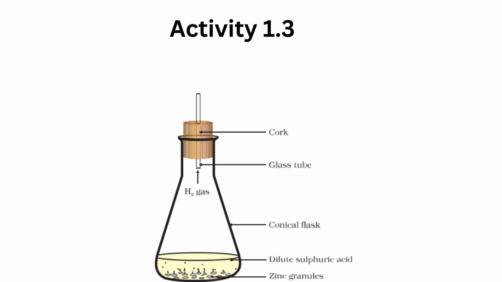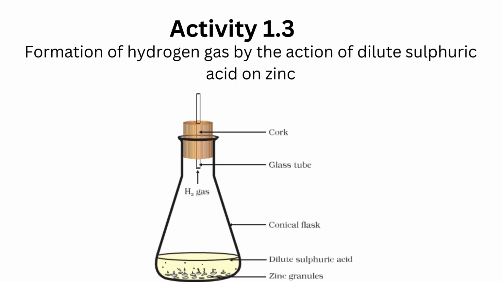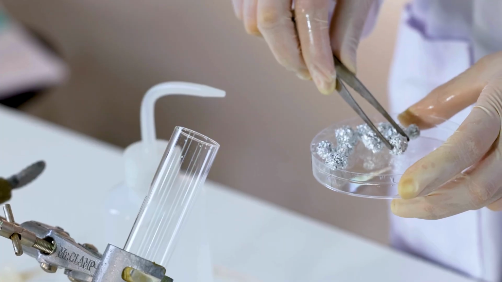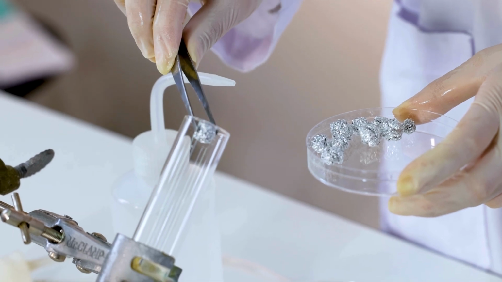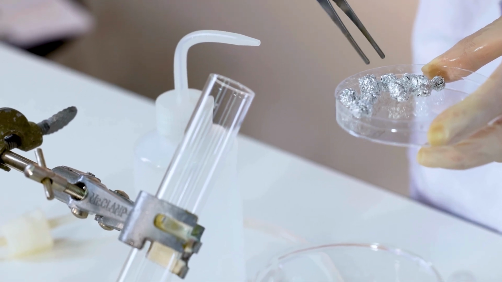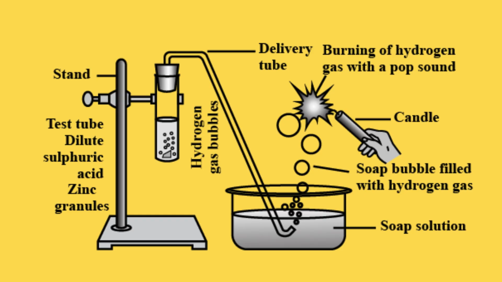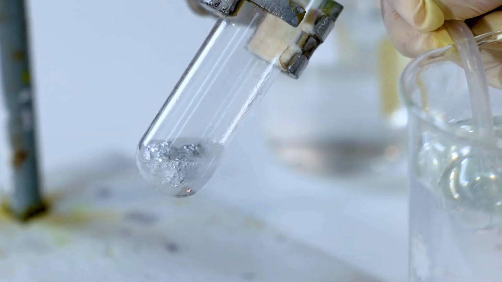Now let's move to the next activity, the action of dilute sulfuric acid on zinc. When zinc reacts with dilute sulfuric acid, a displacement reaction occurs, where the more reactive metal zinc displaces hydrogen from the acid, resulting in formation of zinc sulfate and evolution of hydrogen gas. You will observe bubbles of hydrogen gas forming on the surface.